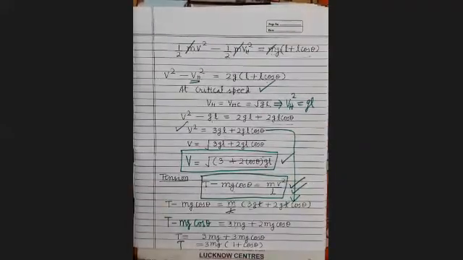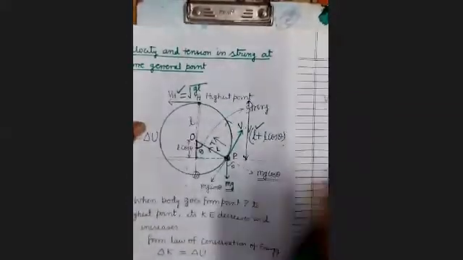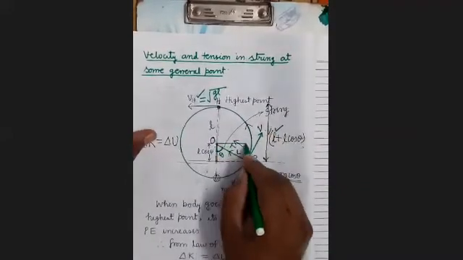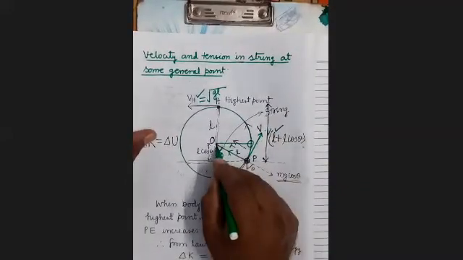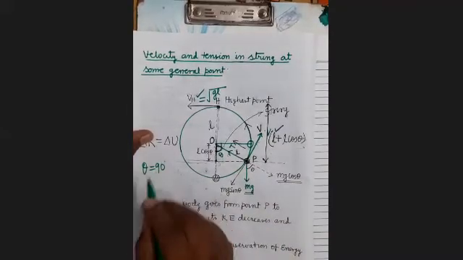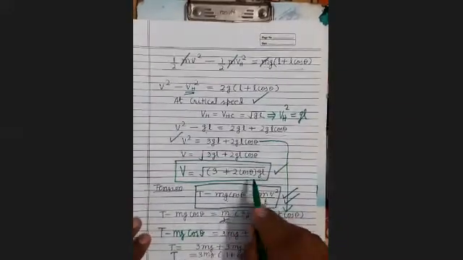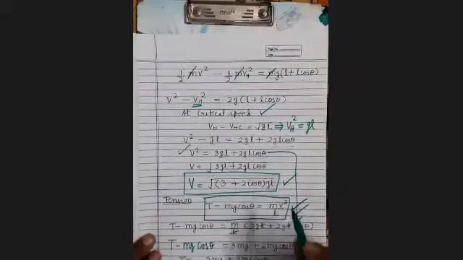Now here we will take a special case. There is one special case when theta equals 90 degree, means when the bob is here, theta equals 90. In this case, what will be the speed?